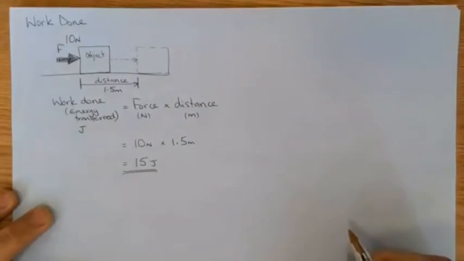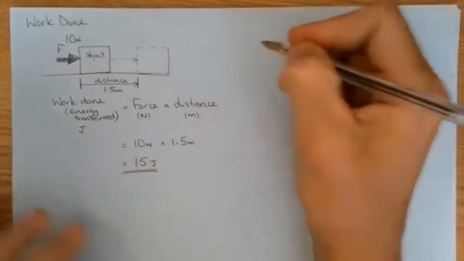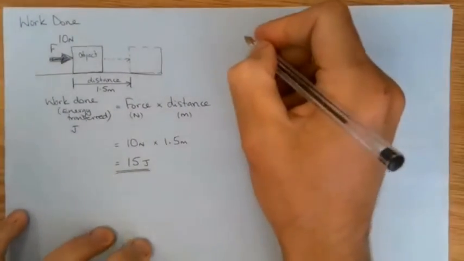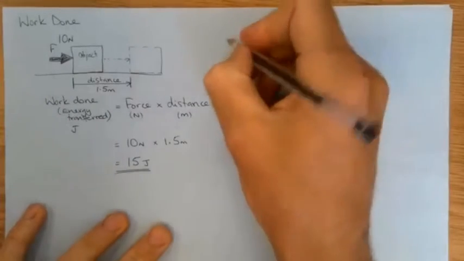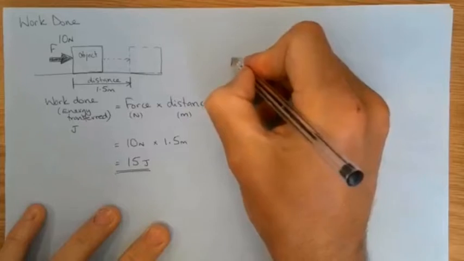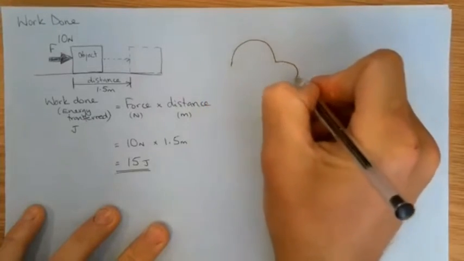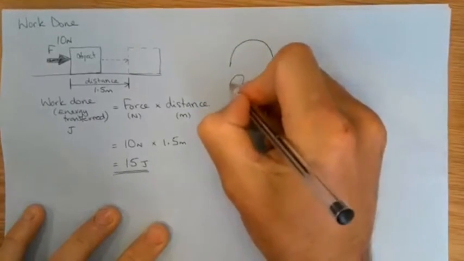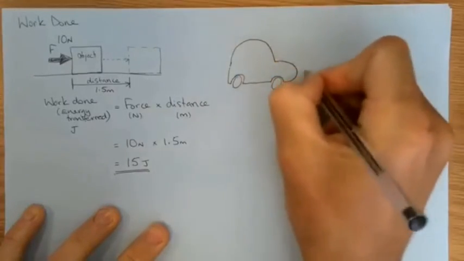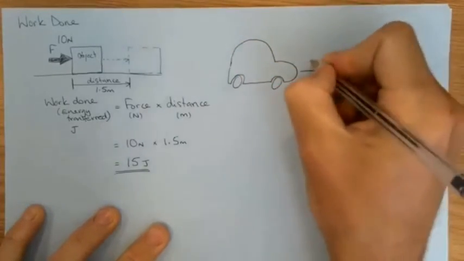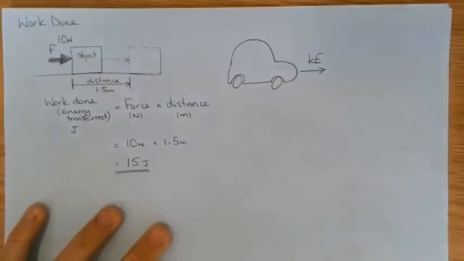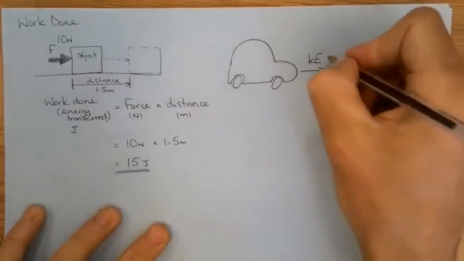Super simple. Take another example, a little bit more involved, and it's again this idea of energy stores. So here we've got our trusty little car, and it's moving along with some kinetic energy. Just make up a value.